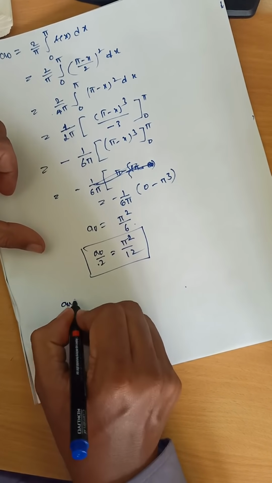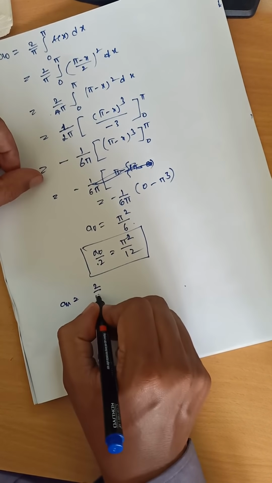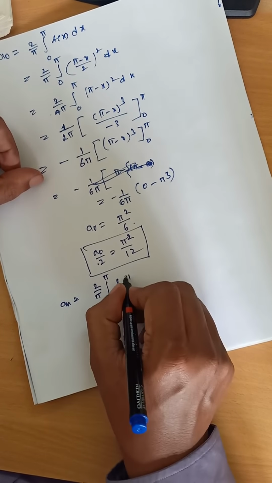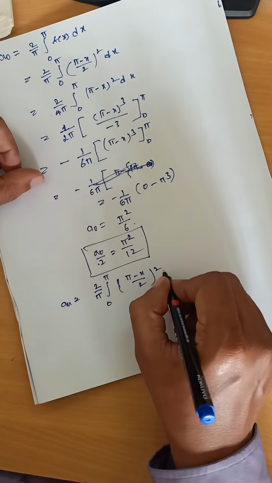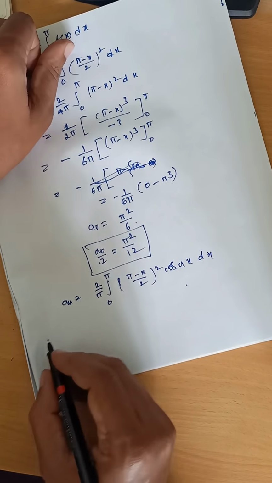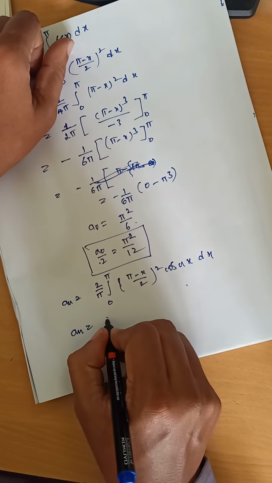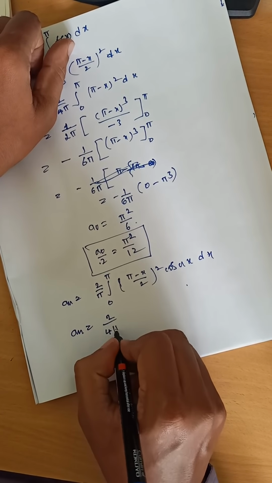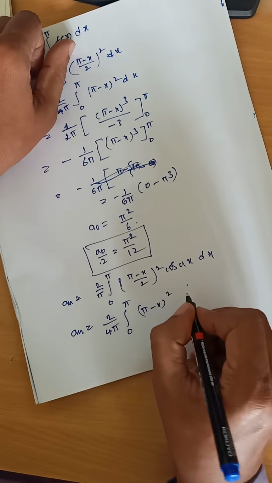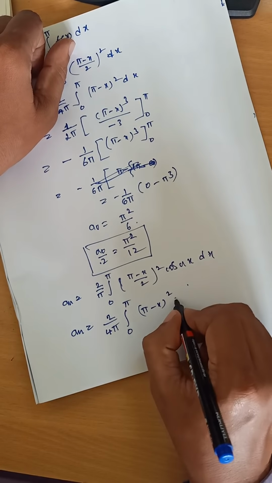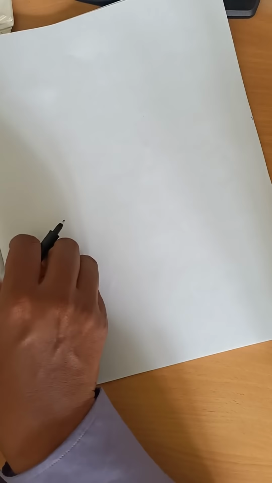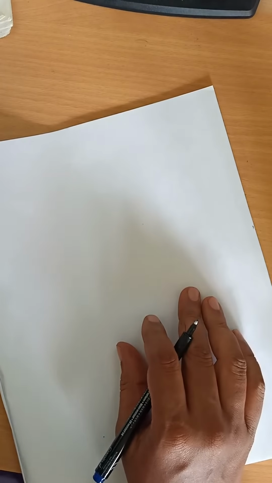Next, an. Formula for an, 2 by pi integral 0 to pi f of x is pi minus x by 2 whole square into cos nx dx. For convenient integration, you write 2 by 4 pi outside common, pi minus x whole square into cos nx dx, that is equal to, apply Bernoulli's rule of integration by parts.